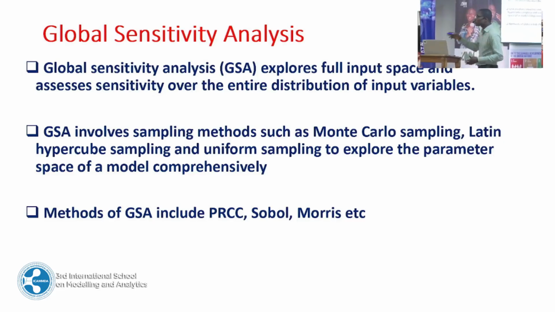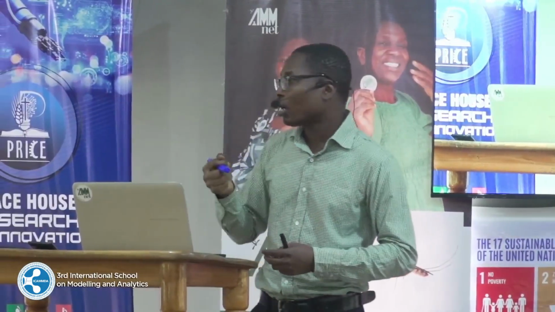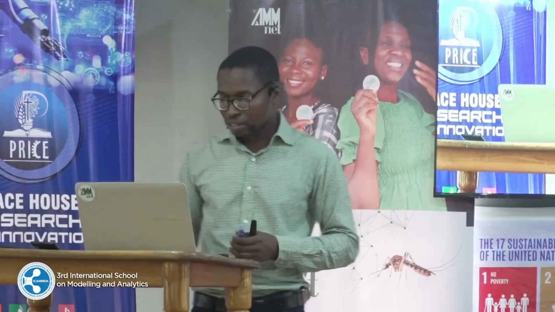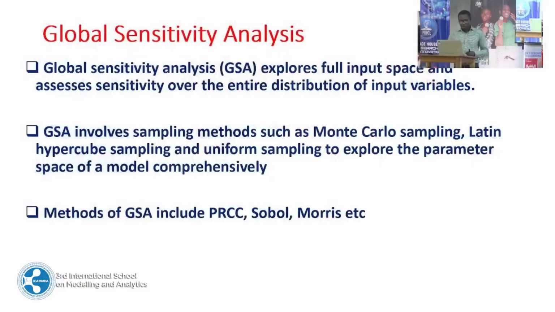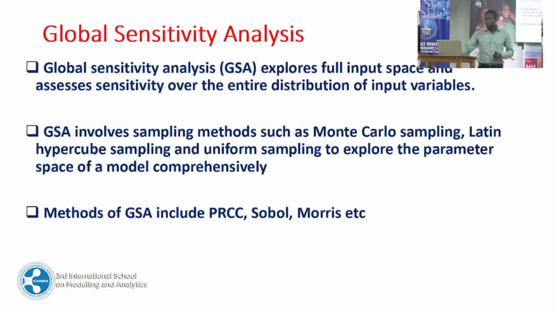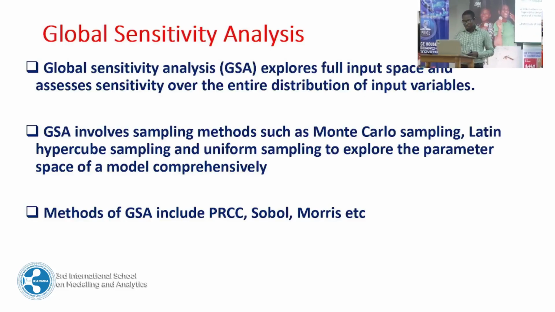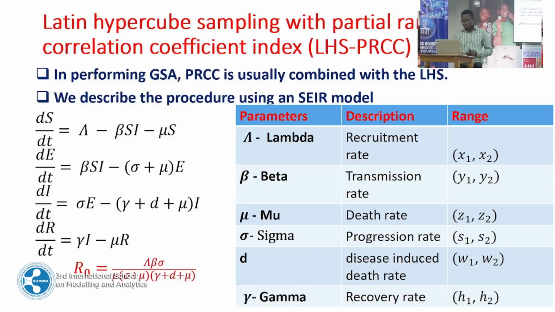It explores the entire range of parameters, does random sampling, and draws samples from that range. Methods of GSA include PRCC, Sobol, Morris, etc. There is a paper in the publication that really talks about global sensitivity analysis. After this class, I'll try to share it so that those interested can go through it.